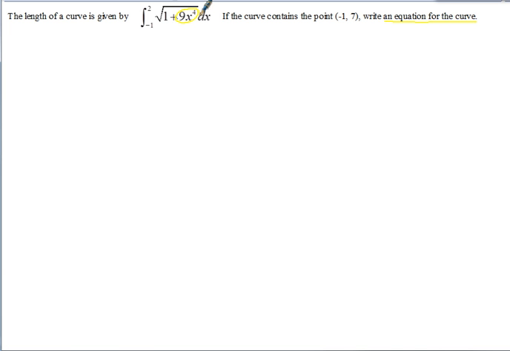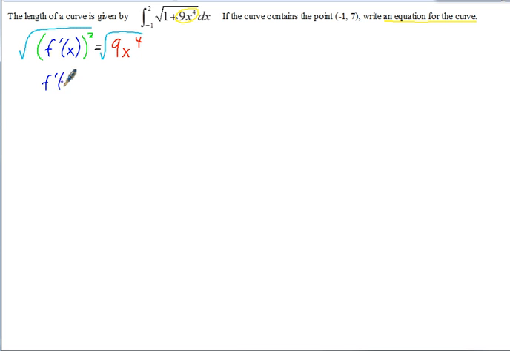Remember the formula, that equals f prime of x squared. So we know f prime of x squared would equal 9x to the fourth plus 1. Then, to get back to f of x, the curve we're looking for, first to get rid of the squared, you can take the square root of both sides.